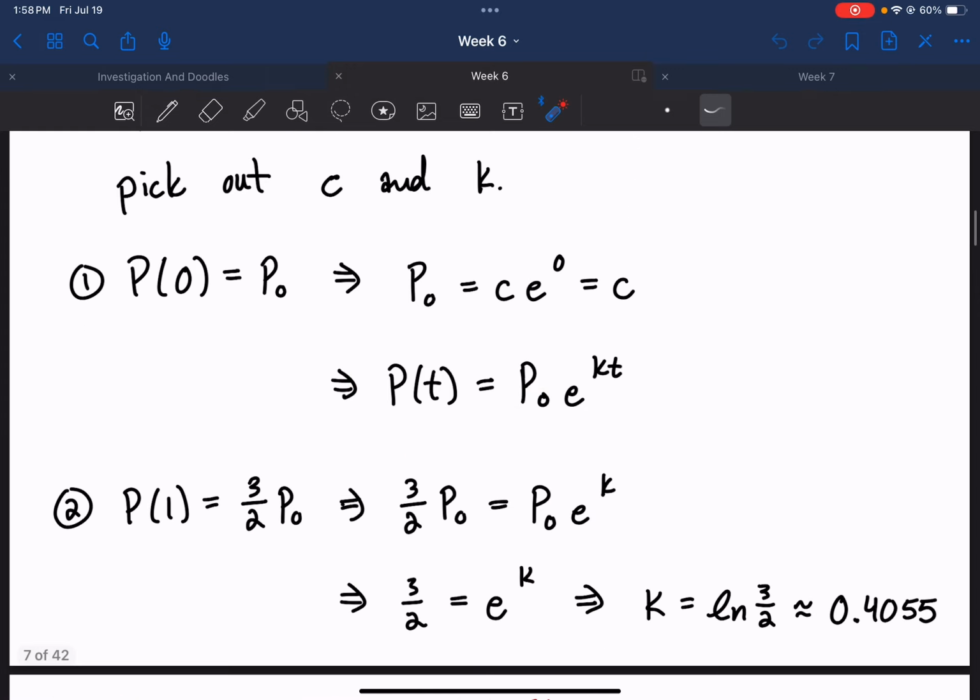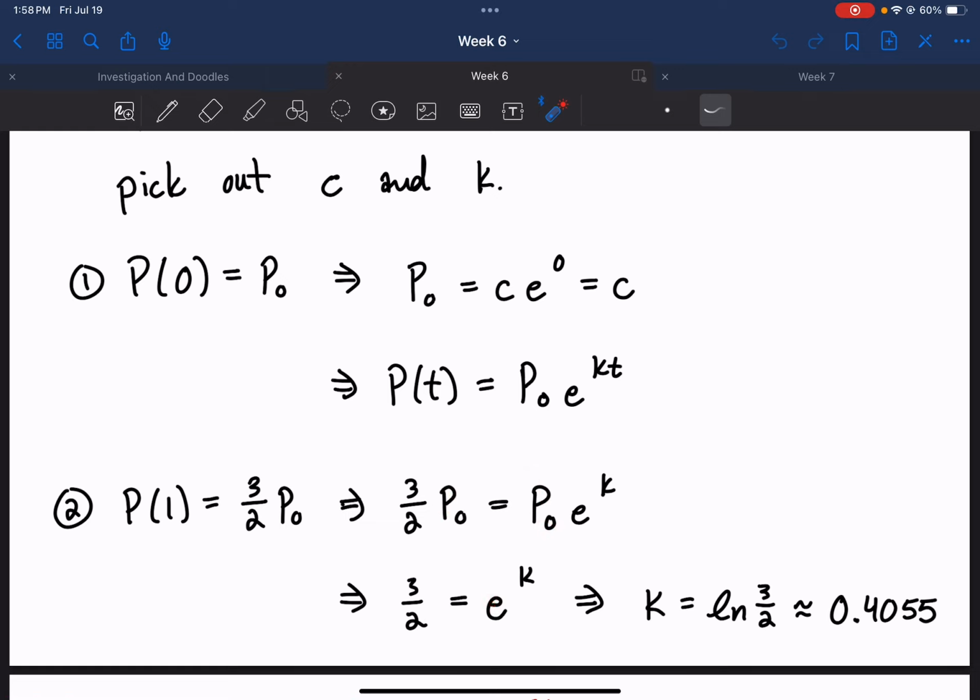And then I use my second condition. P(1) is 3/2 P0, which means when I plug in t equals 1, I get 3/2 P0 equals P0 e to the k. Dividing by P0 everywhere, e to the k equals 3/2.